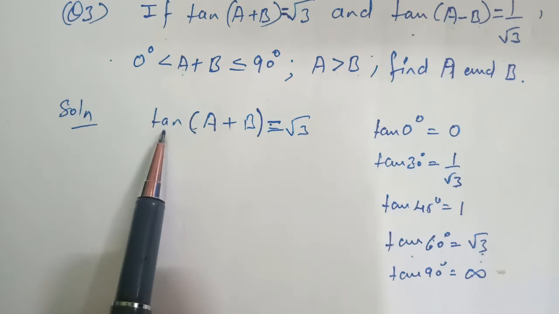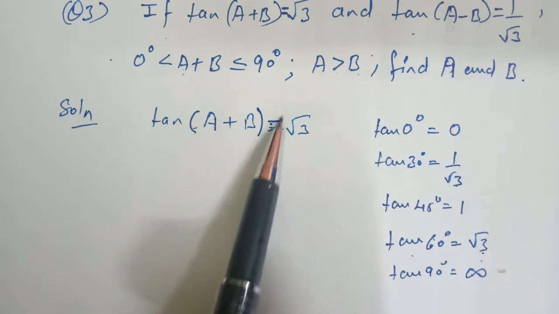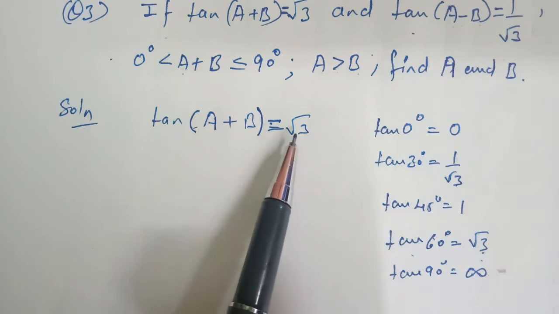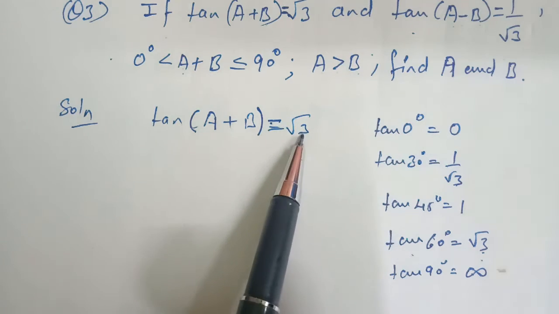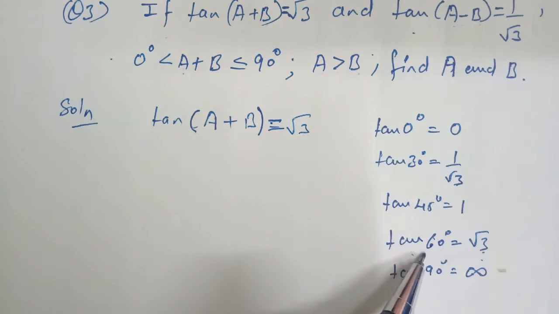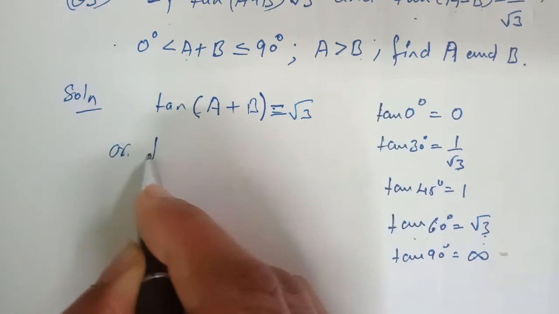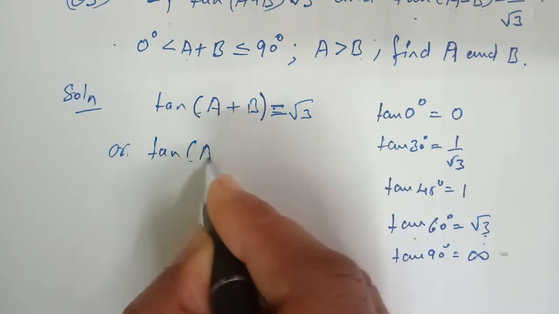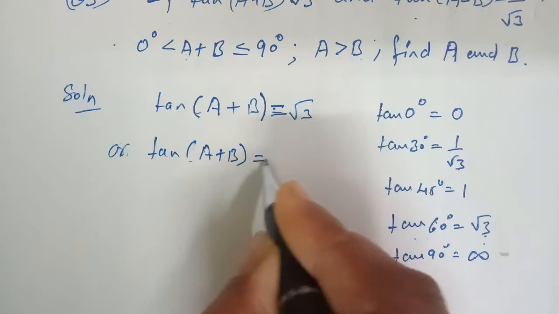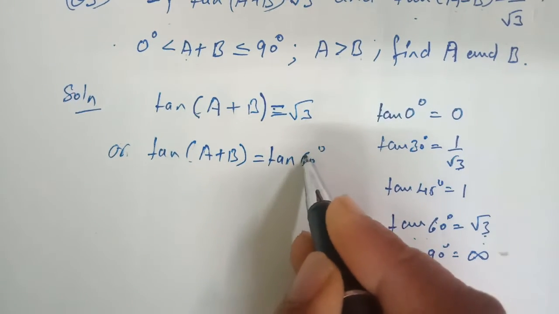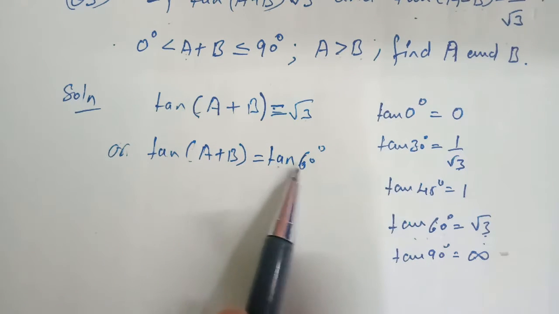Since on the left hand side we have the trigonometric ratio tan, we have to find the value of the same trigonometric ratio. So in place of root 3, we are going to write tan 60 degree, or tan(A plus B) is equal to tan 60 degree. Why have we written tan 60 degree?